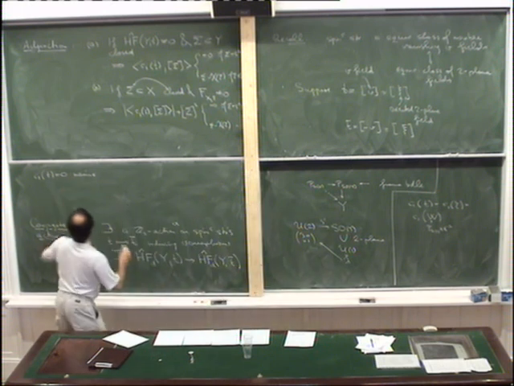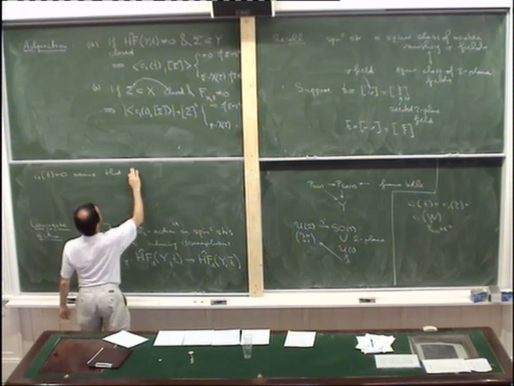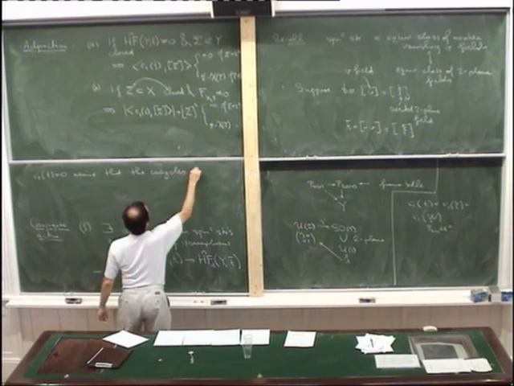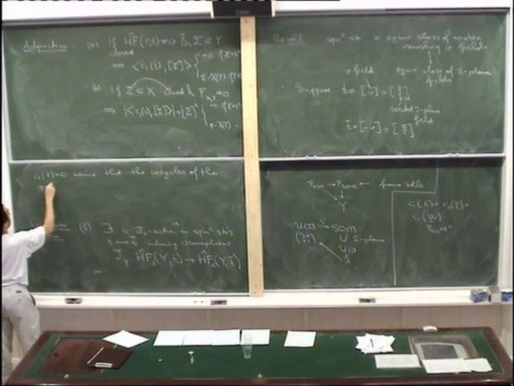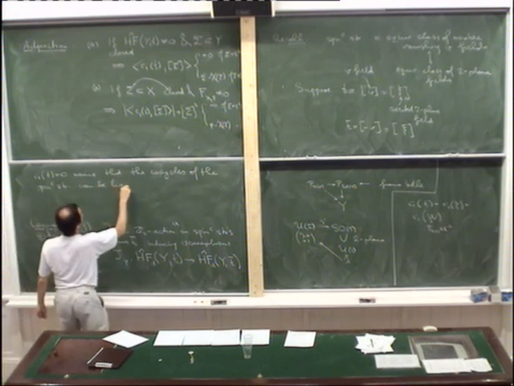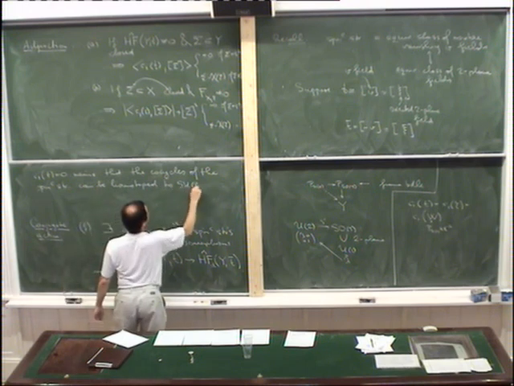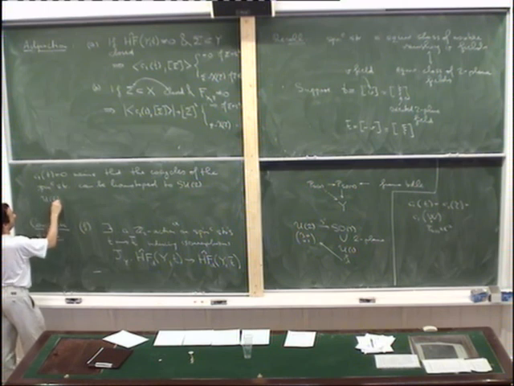So this means that the co-cycle structure of the spin C structure can be homotoped to SU2. And I think I forgot to tell you what the role of U2 is in this story.